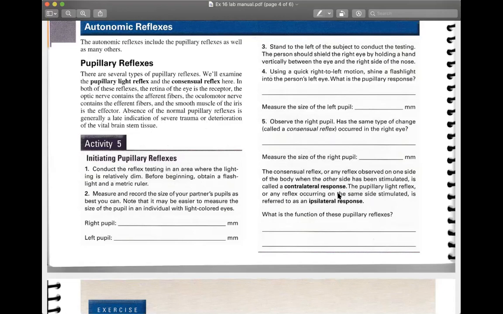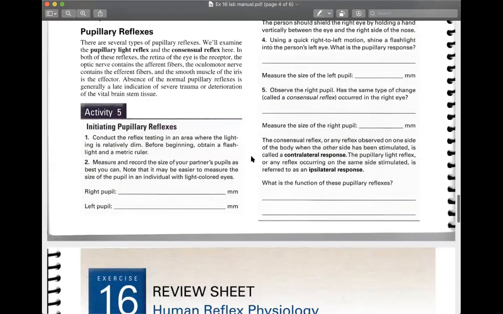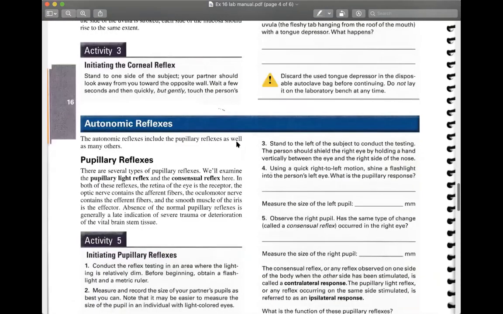And again, we've got these terms, I think I introduced these at the very beginning: contralateral and ipsilateral. Contralateral means the opposite side of the body, so you see a response on the opposite side of the body as the stimulus. Ipsilateral means the same side. So that's the one autonomic reflex we have, the pupillary reflex.